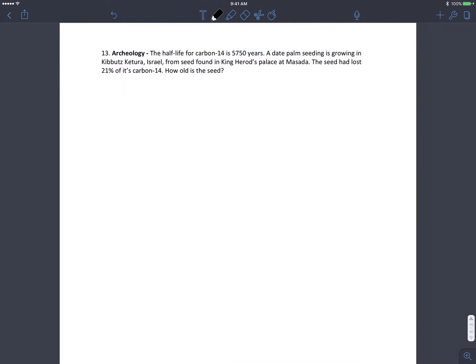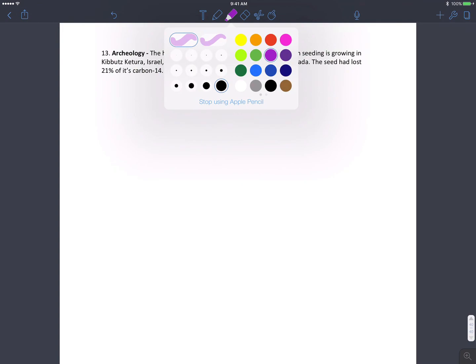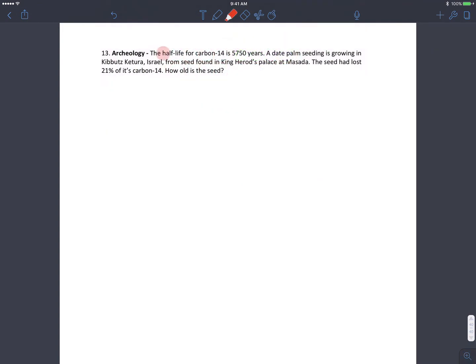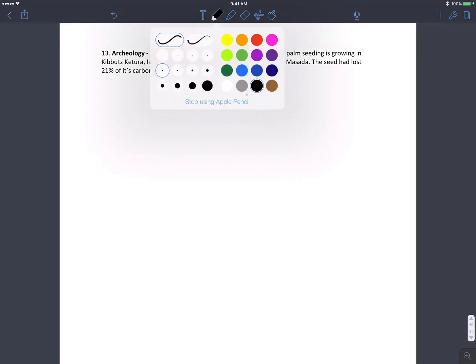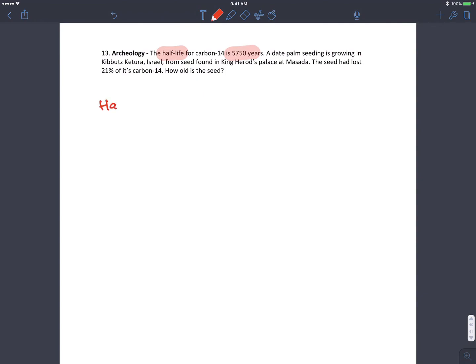Number 13. The half-life of carbon-14 is 5,750 years. Let me emphasize this. Half-life is 5,750 years. So I'm going to write this down. Half-life is a time value. 5,750 years.